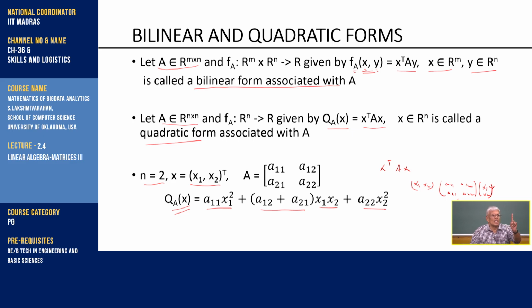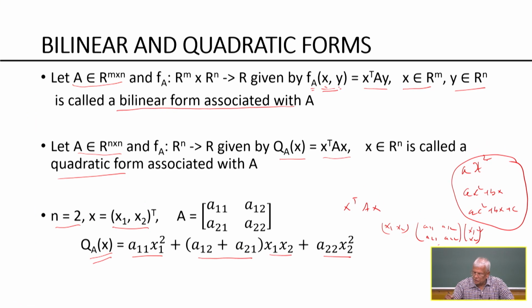So in one variable, what are the quadratic functions? x square is a quadratic function, A x square is a quadratic function, A x square plus B x is a quadratic function, A x square plus B x plus C is a quadratic function. This is second and first degree. This is second, first, and constant degree. So what is this?